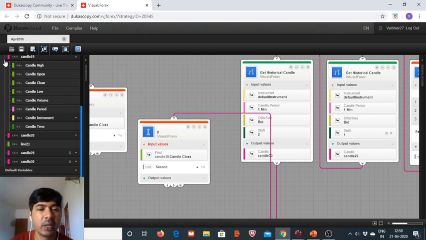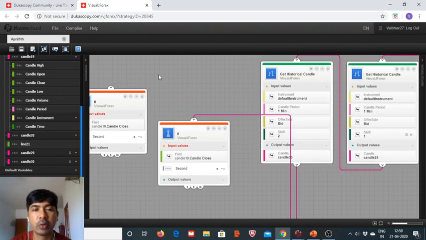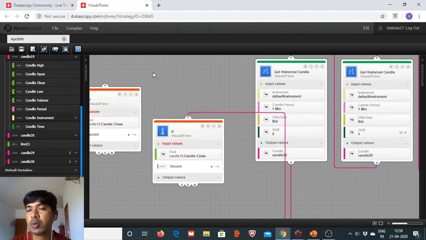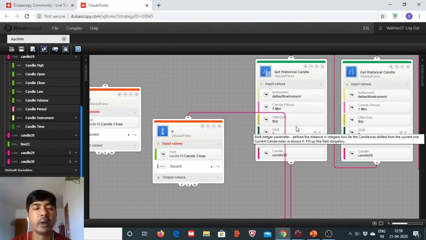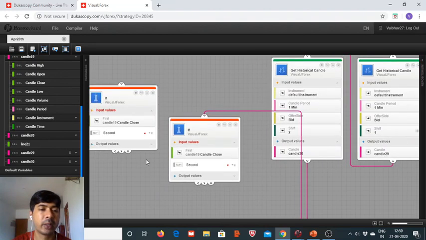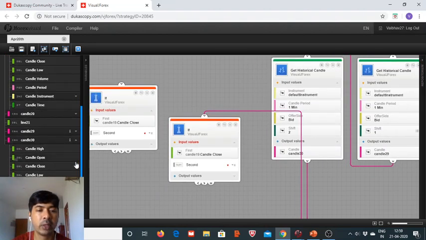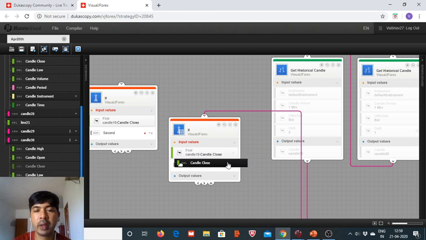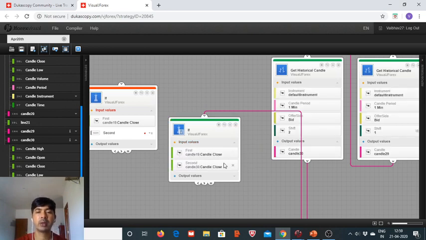First thing first, we take a look on the candle 19 closing value, and then we need to see how the candle with the shift 2 had closed. So we take the candle 30 closing value, and it has been defined at 1 minute, and it should be less.